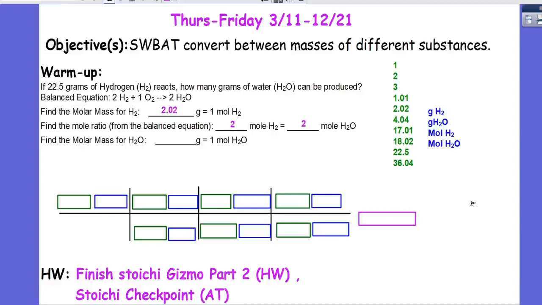Now, if I was your math teacher, I would not be happy with this answer. Your math teacher would want you to simplify a ratio like 2 to 2. However, Canvas is not very smart. Computers, calculators are not very smart. Canvas will not accept 1 to 1 as the correct ratio. You need to use the ratio straight from the balanced equation.